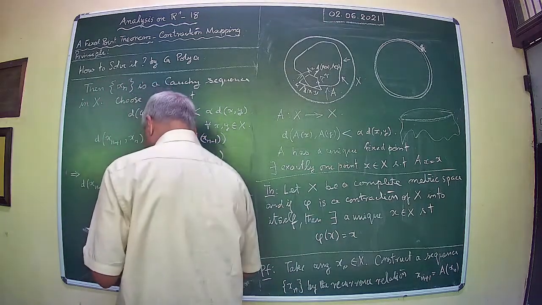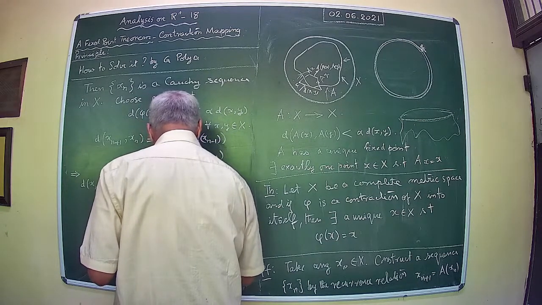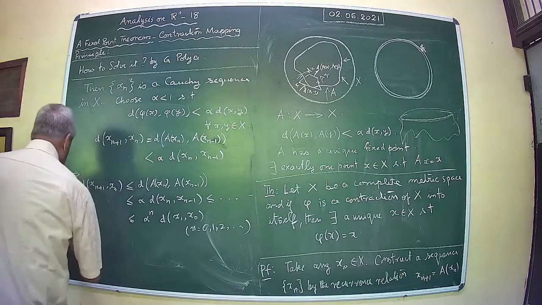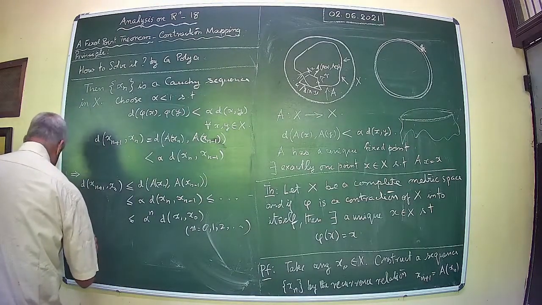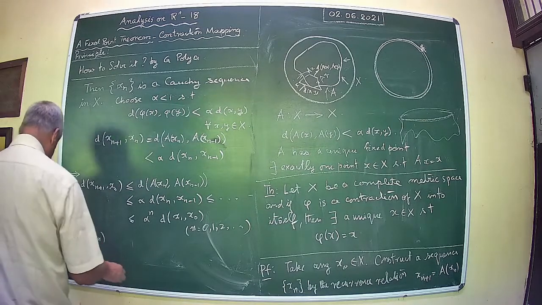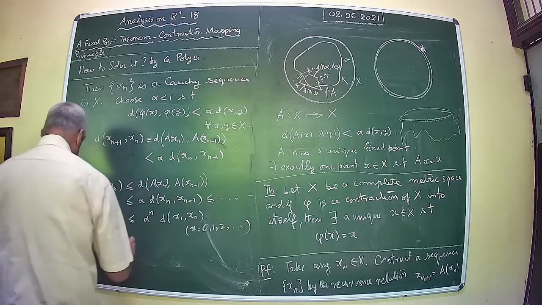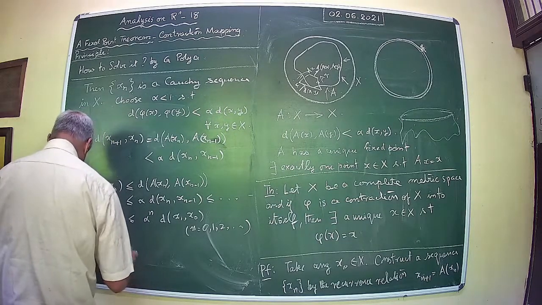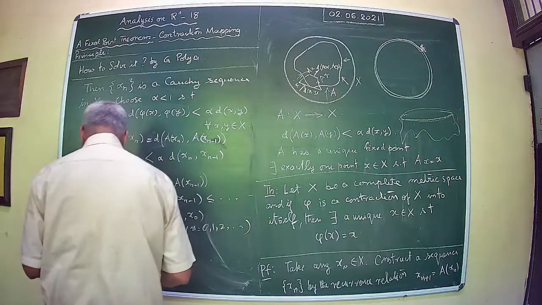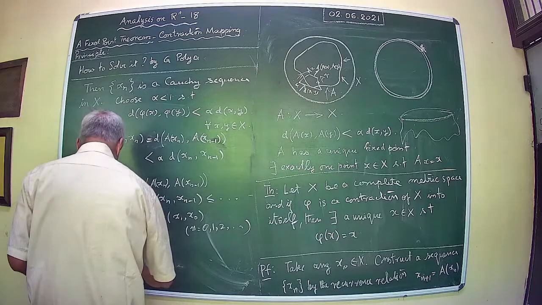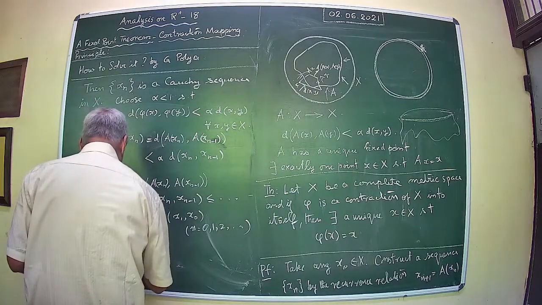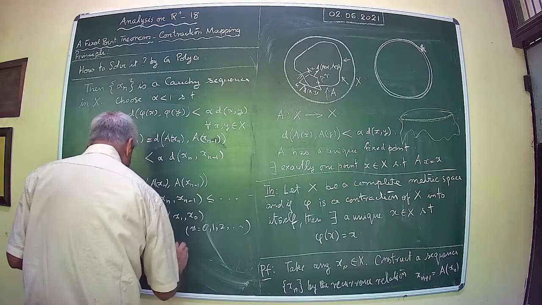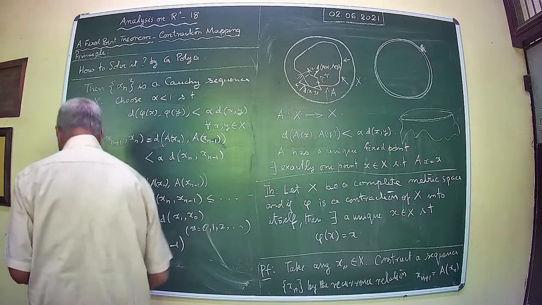This is true for all n. Now you write d(xn, xm) is less than or equal to sigma, you can check whether I am right or not. Check the terms.